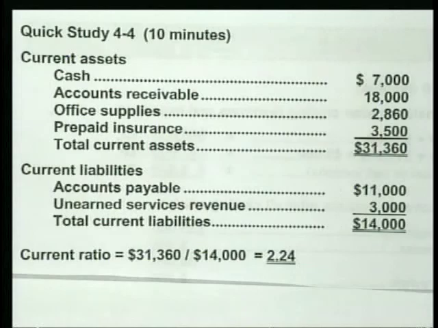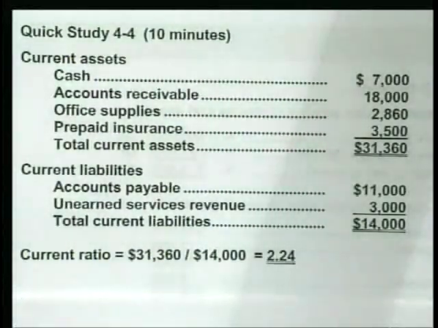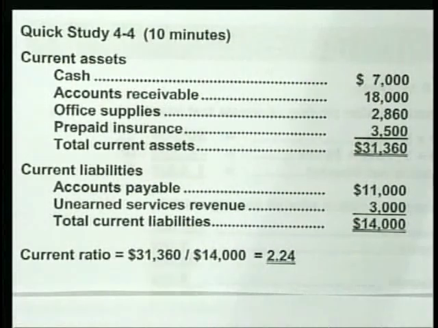Now, I don't know whether we can do any sort of interpretation on that, because I don't think they give us any competitors' numbers, or any numbers for this company in the past. But it is above 1.0, so that's good. Overall, I think it looks pretty healthy.